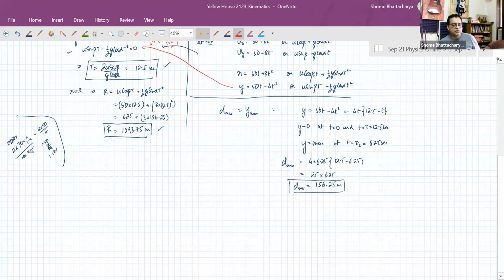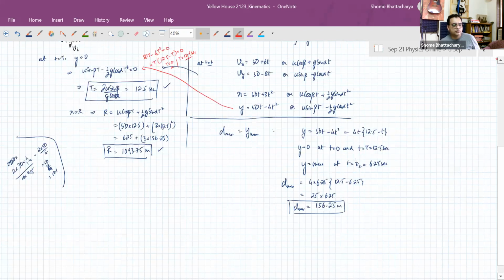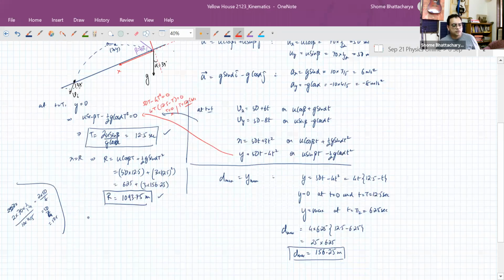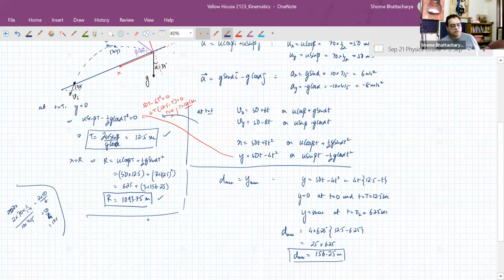Okay, now for impact velocity, you have to just find this final thing: at t equal to capital T, the value of velocity is the final impact speed.